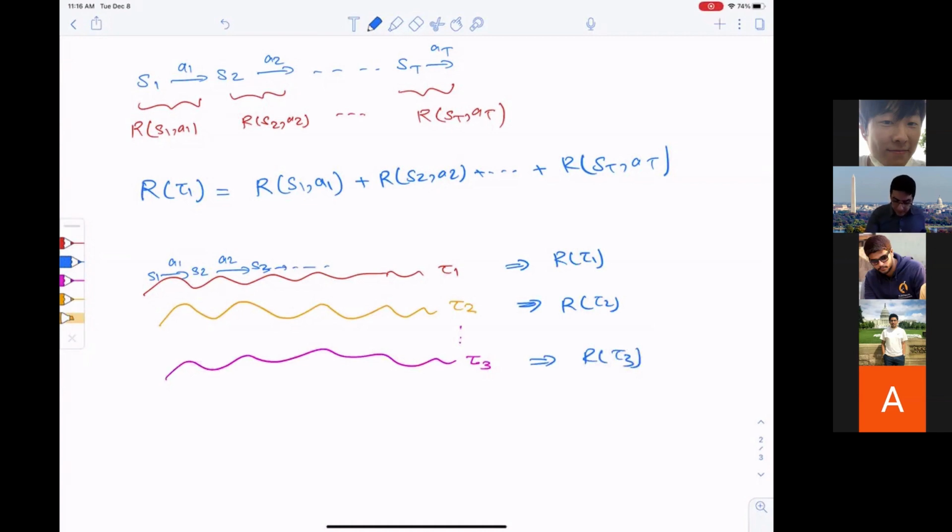And at the end of the day, I'm going to evaluate the quality of my policy network by averaging these rewards over different realizations of these trajectories. Because at the end of the day, the reward associated to a trajectory is a random variable, because the trajectory itself is a random variable. The randomness comes, of course, from the environment, but also from the policy network that we have. So I'm going to look at the average of these rewards.